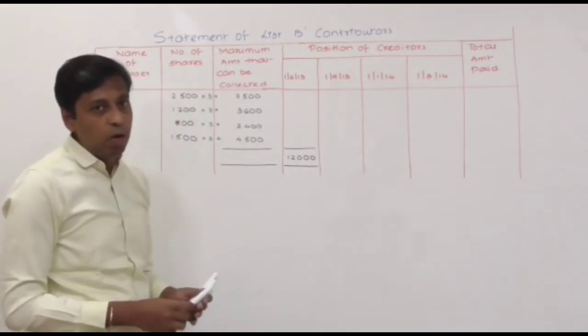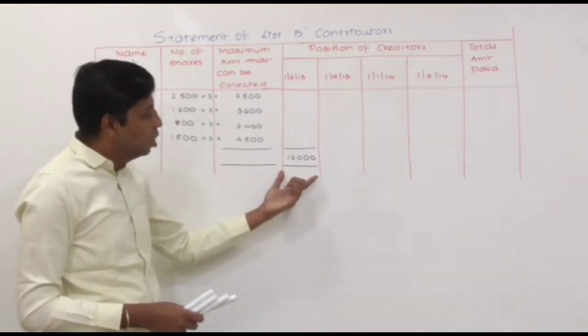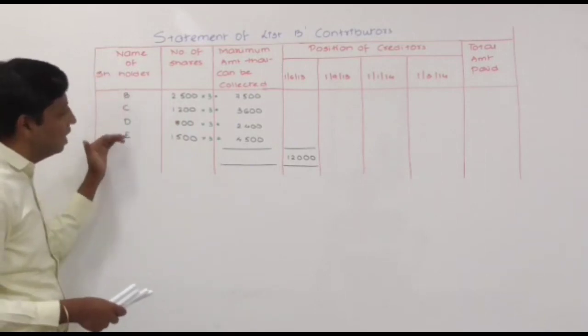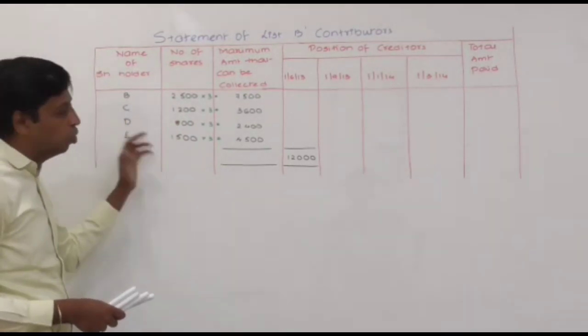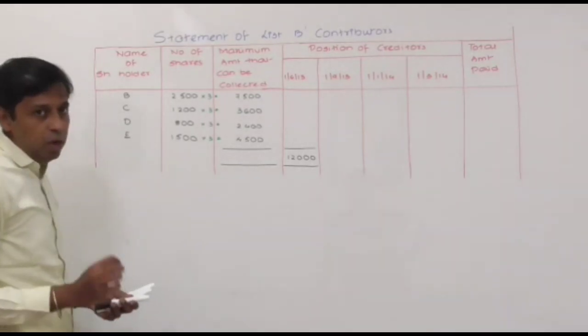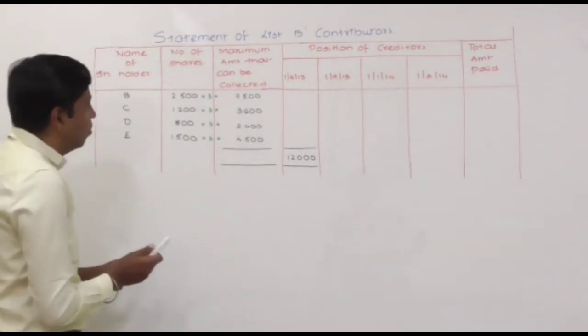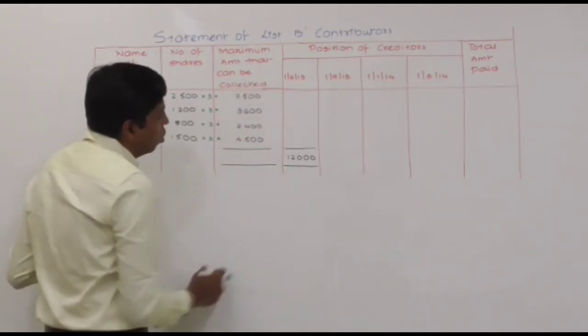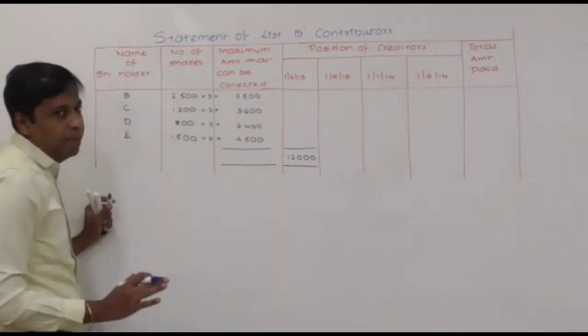Now who is eligible or who is liable to make payment? 12,000 rupees will have to be paid by 4 people, that is B, C, D, E. All 4 will contribute to this 12,000 rupees. And in what proportion we have to pay? Option 1, calculate the proportion of the shares that we have, or option 2, calculate the proportion of the amount. Answer दोनों में same ही आएगा.